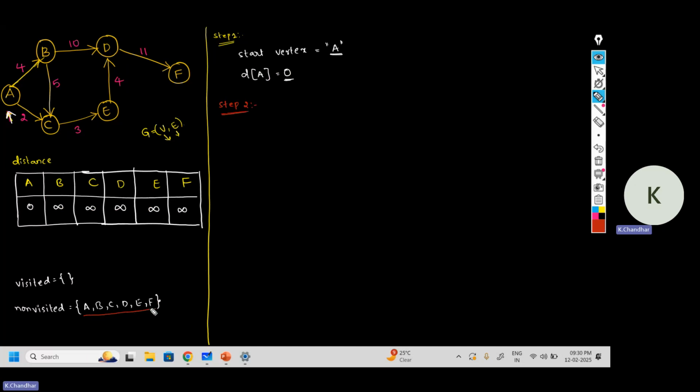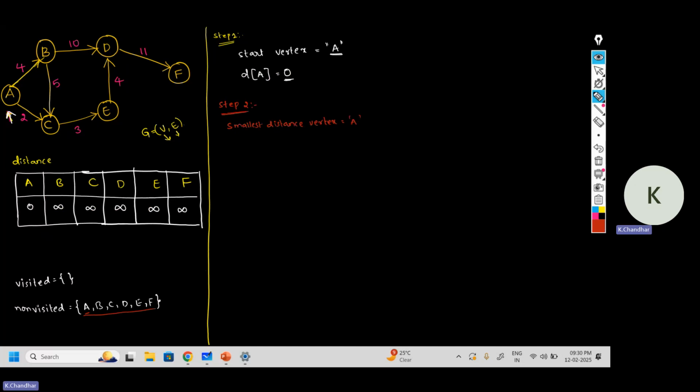Which vertex distance is small? A. What is A's distance? 0. And remaining all are infinite. So here, the smallest distance vertex. What is the smallest distance vertex? Capital A. This one I have taken.